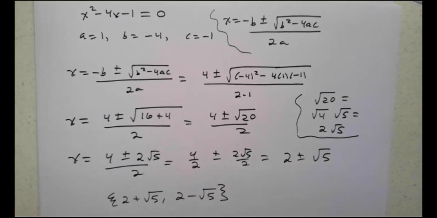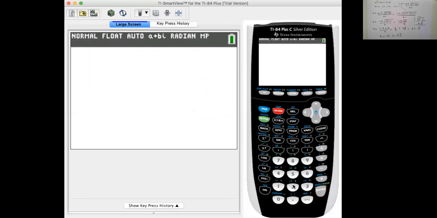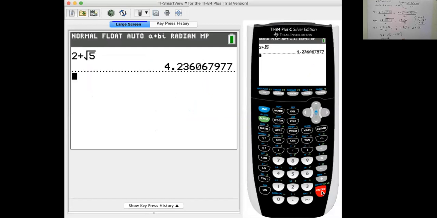Just for kicks, let's get decimal approximations for that. So I'll jump to the calculator. 2 plus root 5 is about 4.236, approximately, and 2 minus the square root of 5 is about negative 0.236.